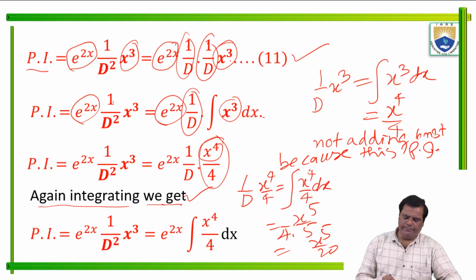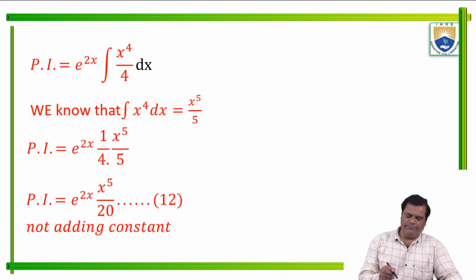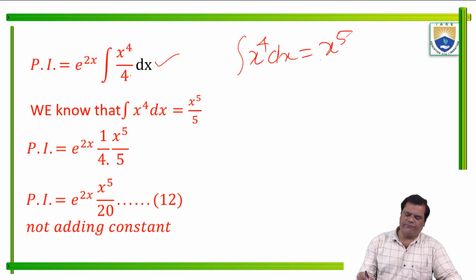So here again 1 upon D square x cube e to the power 2x, integrating again, we get integration of x to the power 4, that is x to the power 5 by 5.